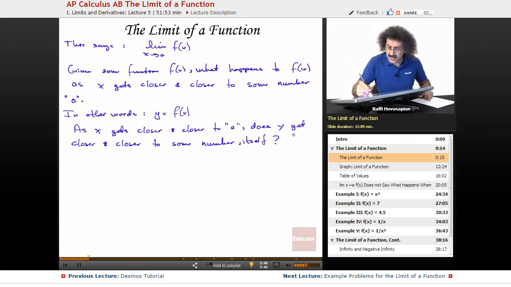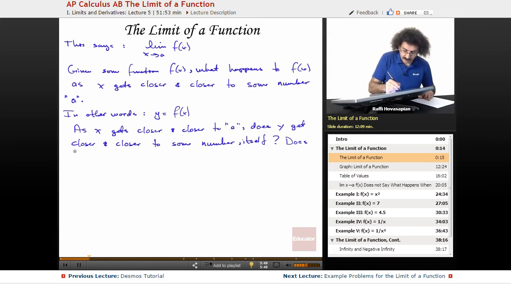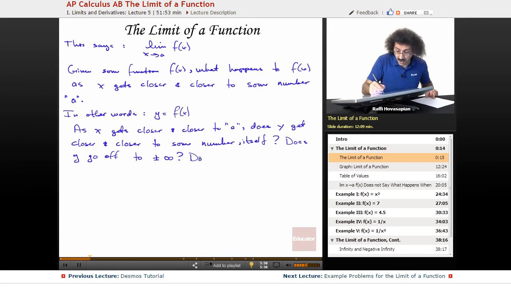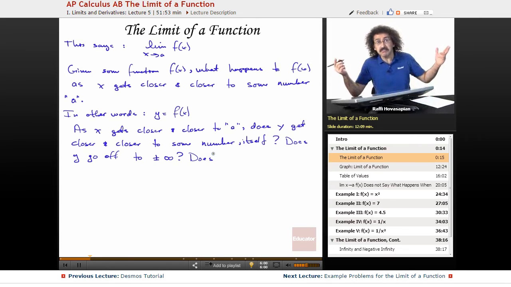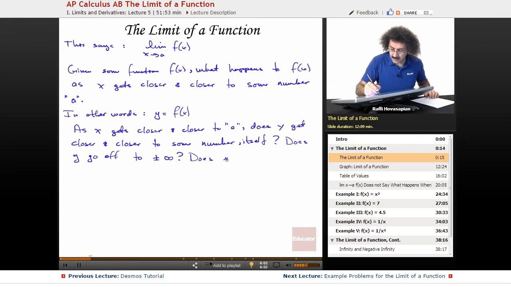Does it go off to infinity? Does y go off to positive or negative infinity? Does y oscillate back and forth between two numbers? Does y bounce back and forth?